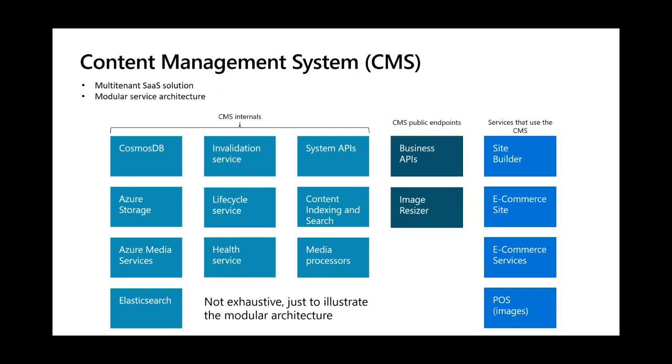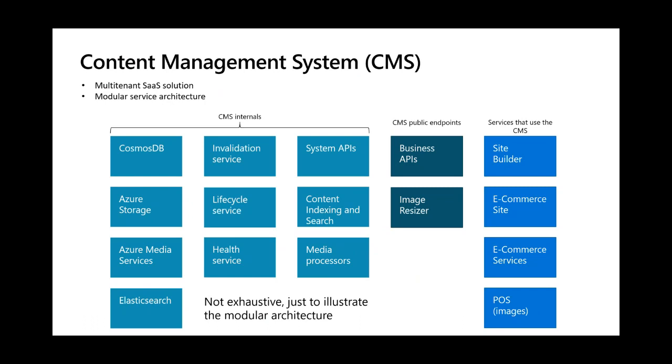And then on the left side, we can see, like I said, a simplified view of the CMS internals. This is not an exhaustive view by any means. It's just there to give you an example of the modular architecture. System APIs allow low-level document-level access to the content, and these system APIs are heavily used by the business APIs.